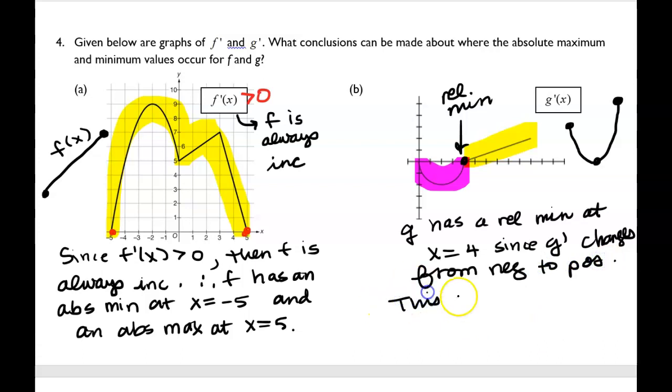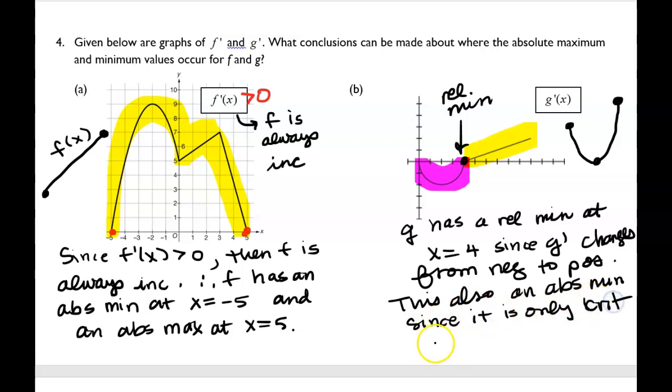This is also an absolute min, since it is the only critical value on this interval from 0 to 10.